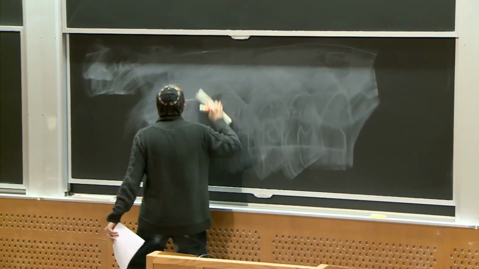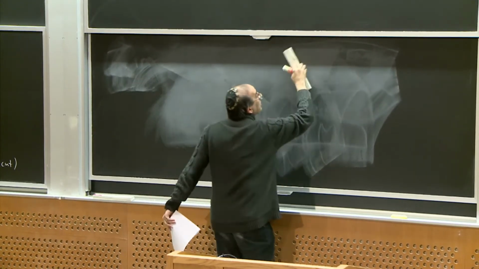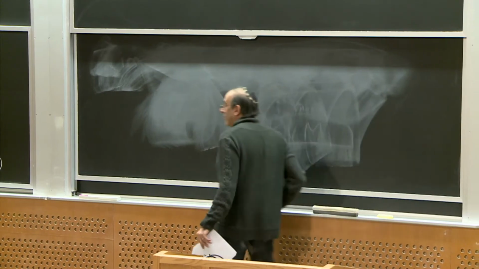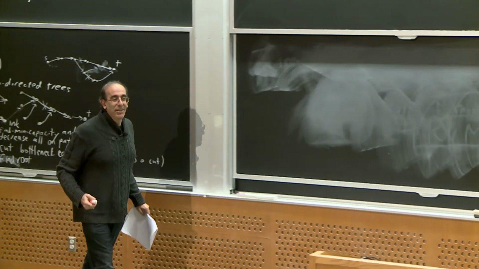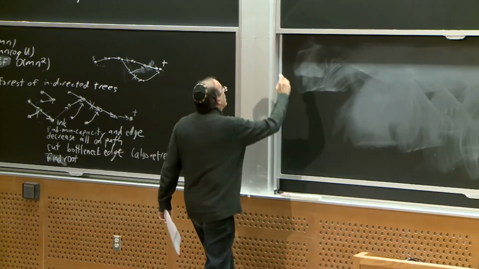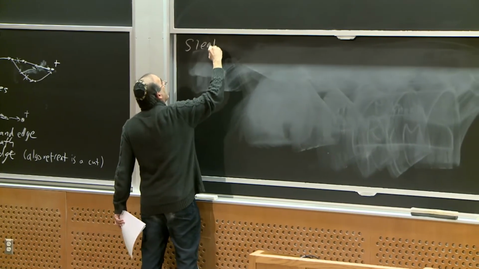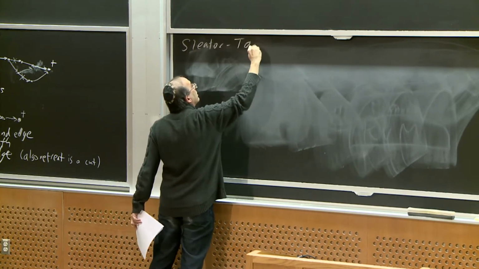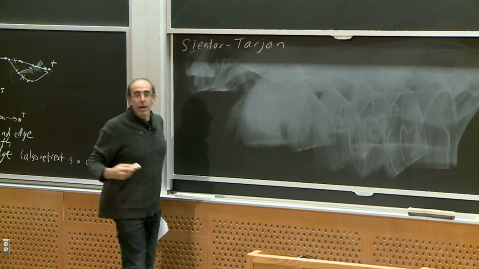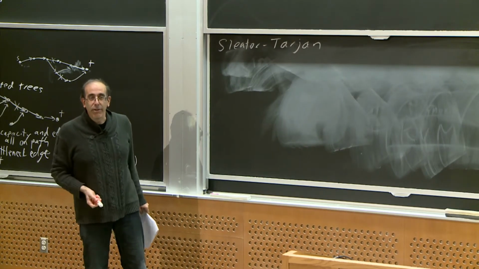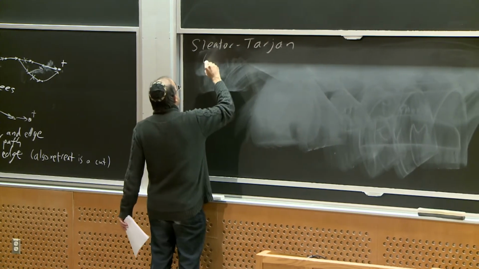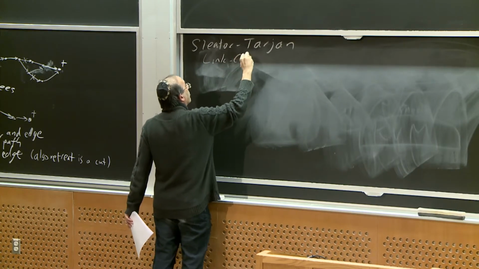So if you need a data structure, what do you do? Well, you call Tarjan. You say, I need a data structure. So Sleator and Tarjan, who are the people who invented splay trees, developed a data structure called link cut trees.